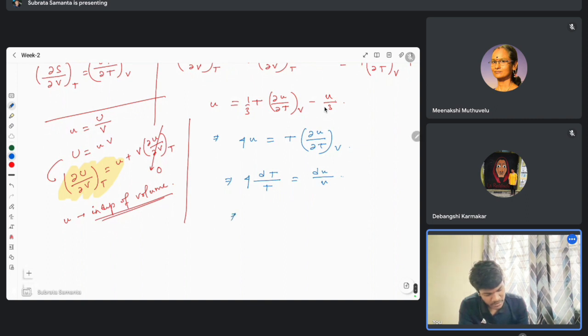So this implies that u is a times T to the power 4. Just integrating once and we get this, where a is an integration constant.